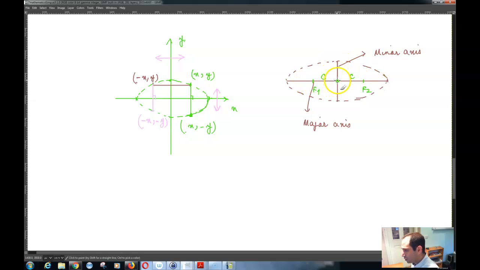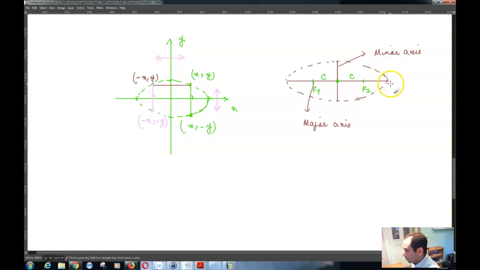At least in this text that we are studying here, the distance between the center and the foci is denoted by the lowercase c.